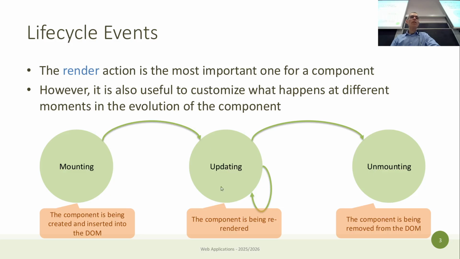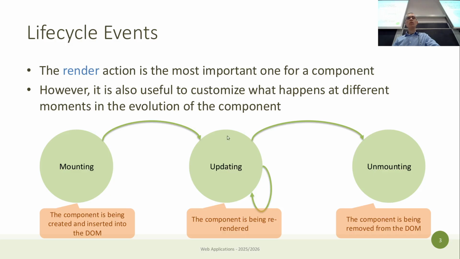Then events happen. You know that in web applications, events happen. The user interacts with the application, the server gives answers to requests, and so on. Whenever it's necessary, React updates the render, the aspect of the component, so the component is re-rendered.